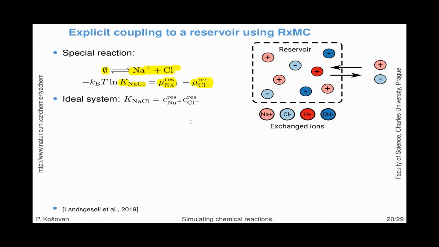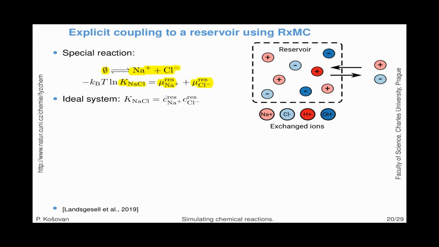It turns out that if I do this, the acceptance probability of this kind of reaction is identical with the acceptance probability of the reaction of the insertion of a pair of particles in the grand canonical simulation. So as a byproduct, I can use the reaction ensemble to simulate grand canonical exchange with the reservoir.